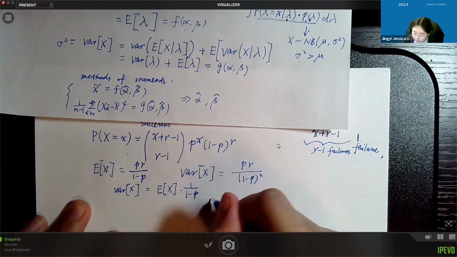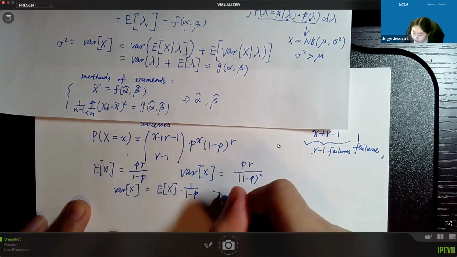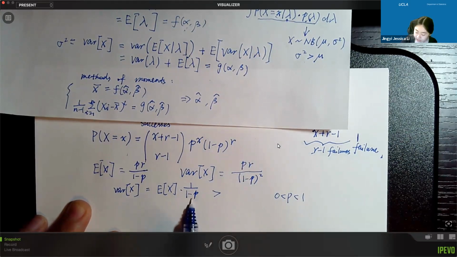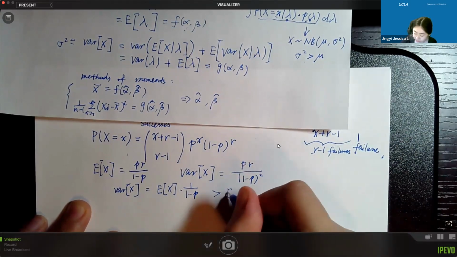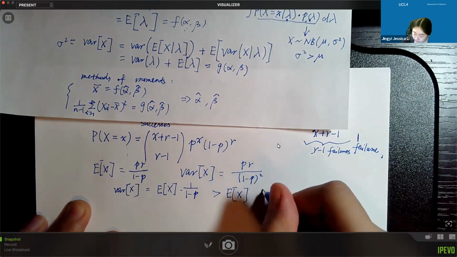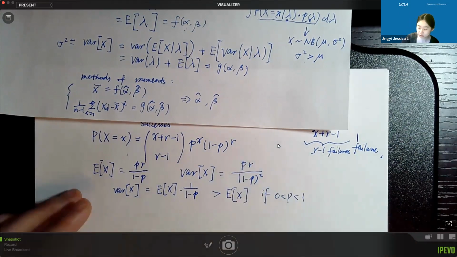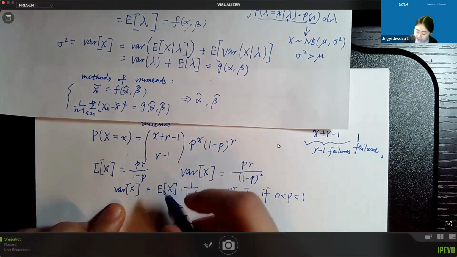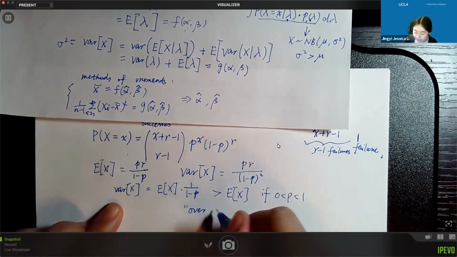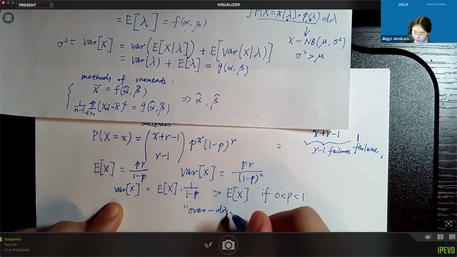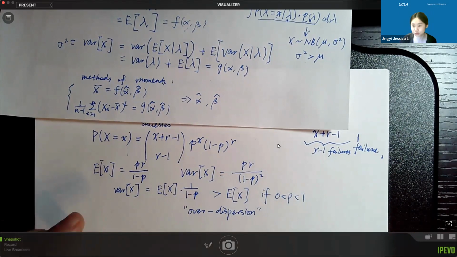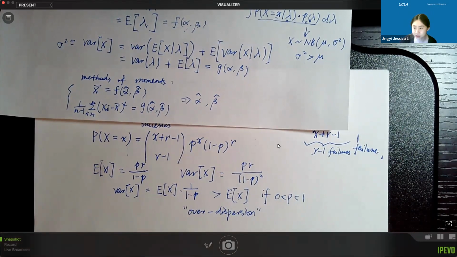So if P is between 0 and 1, the variance is greater than the expectation of X. That's what we call the variance being bigger than the mean for negative binomial. In bioinformatics and many other fields that use negative binomial, this is called over dispersion. Over dispersion stands for the fact that the variance is greater than the mean.